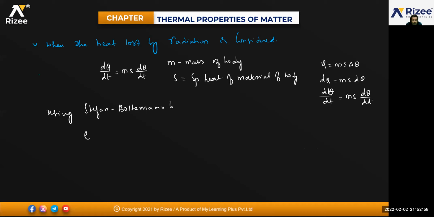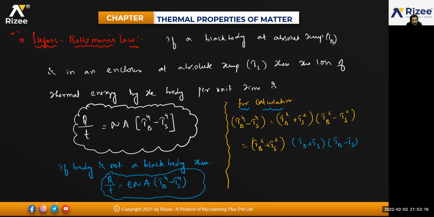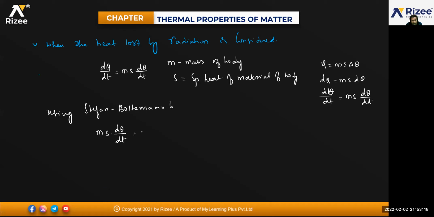So dQ by dt, meaning m into s into d theta by dt, will be equal to E into sigma into A into temperature of the black body to the power of 4 minus temperature of the surrounding to the power of 4.